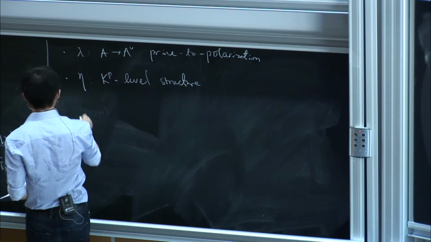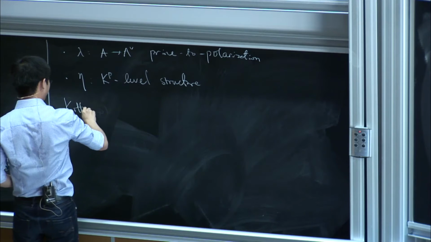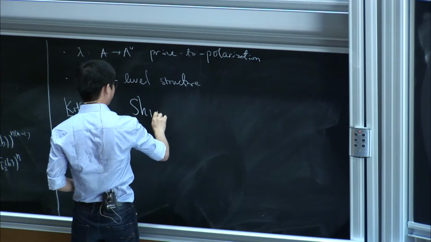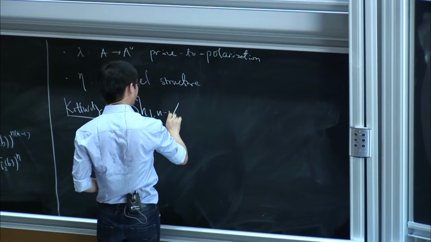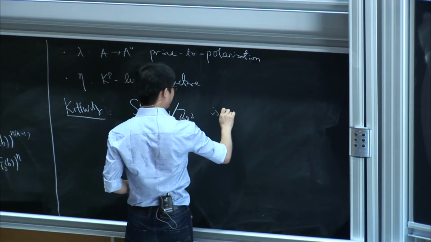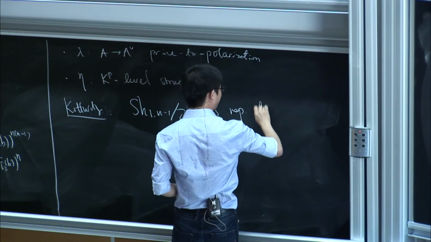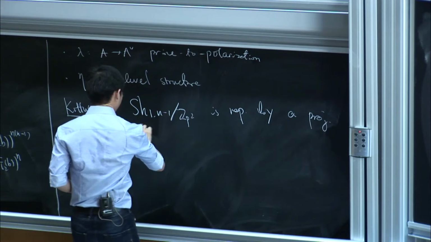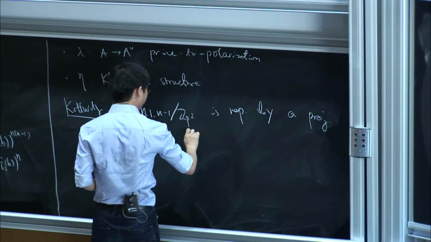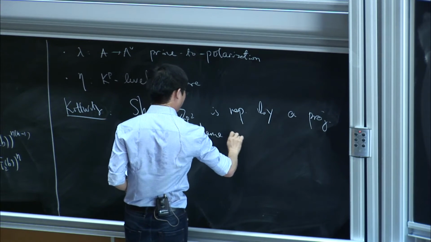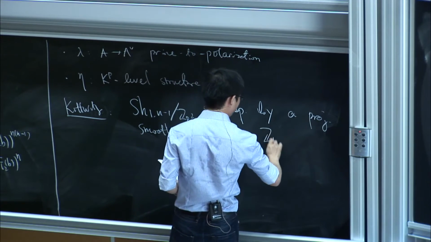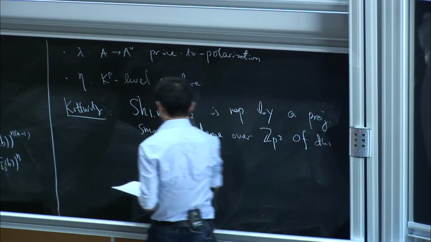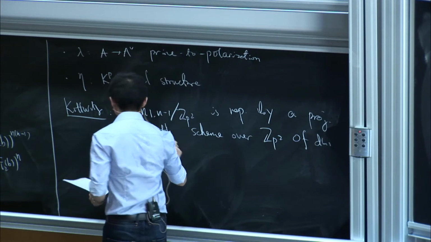Okay, so by the general theory of Kottwitz, we know that this functor is representable by a projective and smooth scheme over Z_{p^2} of dimension 2 times (n minus 1).